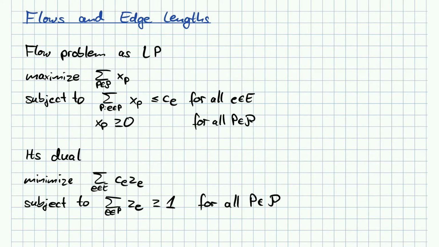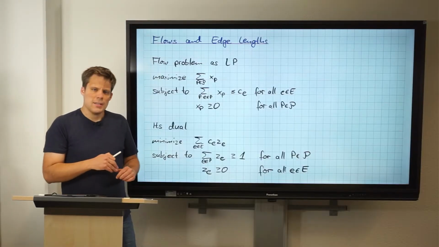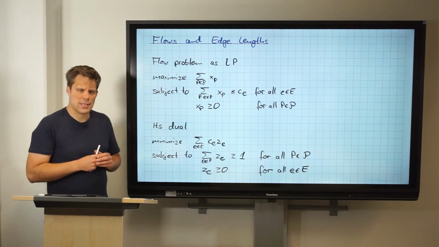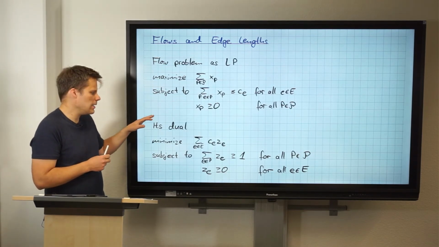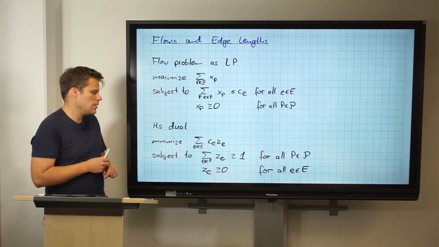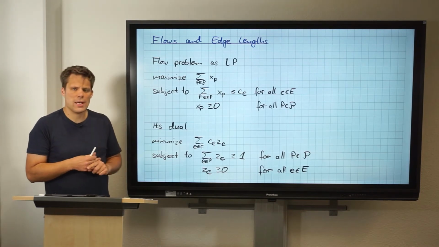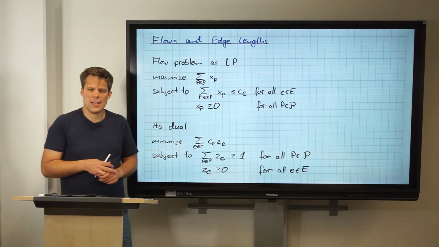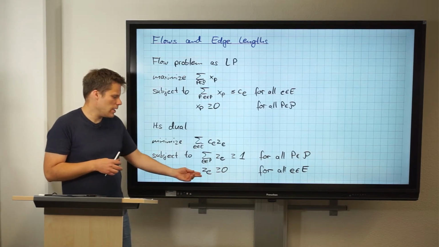The sum of the dual variables on a path always has to be at least 1. And all of these Z_e are non-negative. So these are the edge lengths that I was talking about. Namely, in the dual LP, we suddenly have edge lengths. These Z_e you can interpret as lengths of the edges because they're all non-negative.